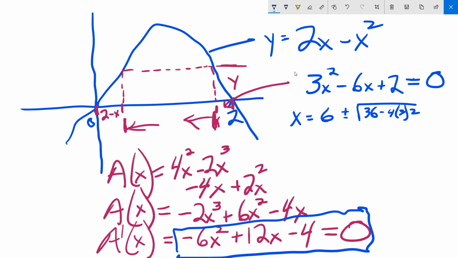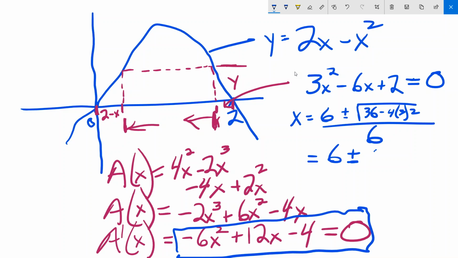So that's the square root of 36 minus 24, which is the square root of 12, or 2 root 3. So 6 plus or minus 2 root 3 over 6, which is 1 plus or minus root 3 over 3.